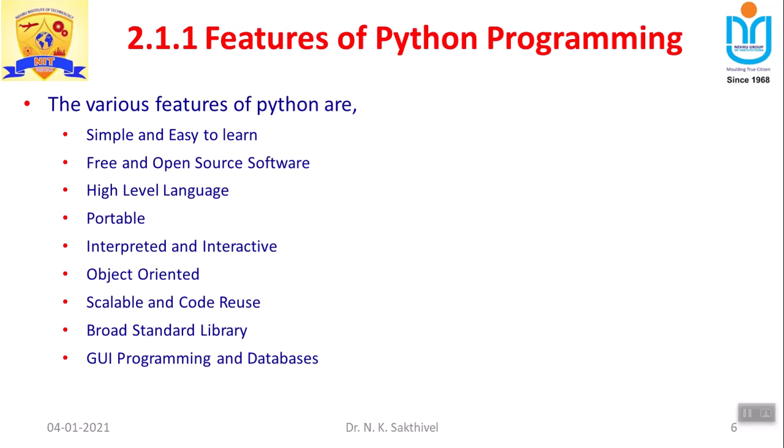Then interpreted and interactive. You know very well what interpreted is: each line will be converted into binary and executed, not like the compilation concept. And it is object oriented, and these are the applications. Sometimes in the university examination they may ask what the prime features of Python are, so for this purpose I would like to refresh this.